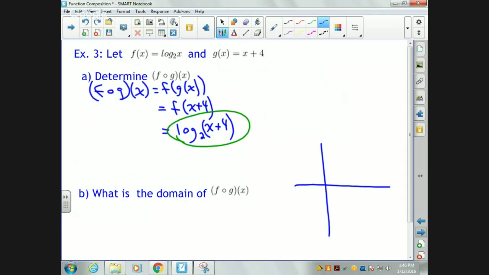So here's the log of x, base 2. What's the plus 4 going to do to the graph? It'll shift it which way? Shift it left. So where are we going to end up? Somewhere over here, right? We're at 1 here.